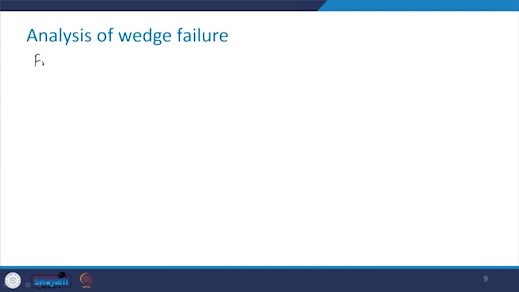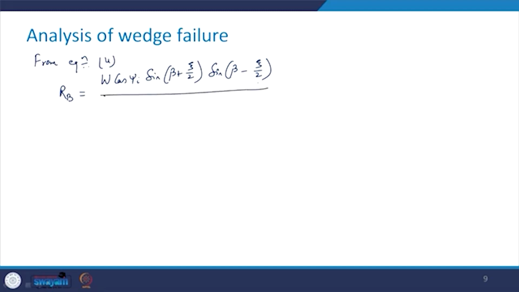From our equation number 4, this RB is going to be W cos psi i sin of beta plus zeta upon 2 into sin of beta minus zeta upon 2 divided by sin zeta into sin of beta plus zeta upon 2, and this will get cancelled out.